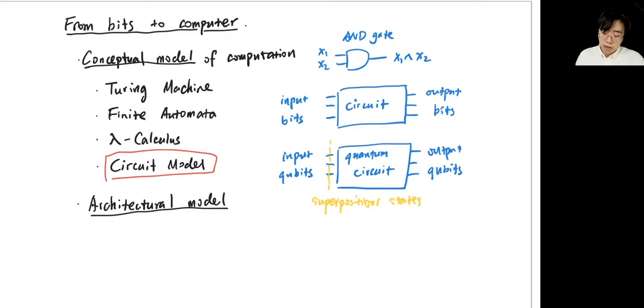We will be using this quantum circuit model extensively in the rest of the course in order to understand how quantum algorithms work and how information is processed. But we also need an architectural model that's closest to the implementation of a quantum computer. So here is how a quantum architecture looks like today. We have something called a QPU that houses an array of qubits.